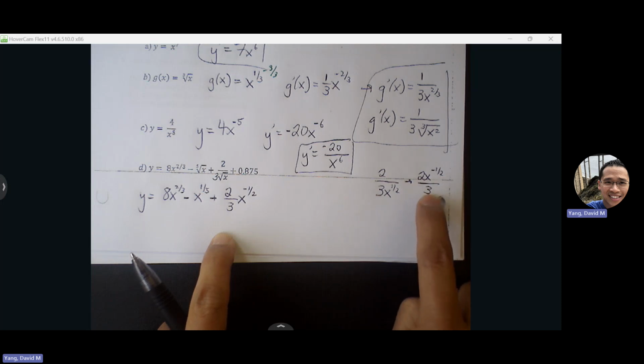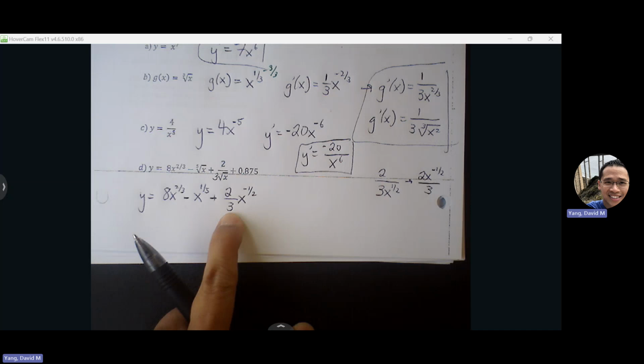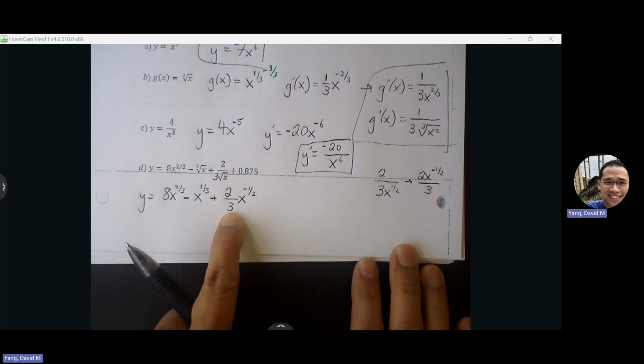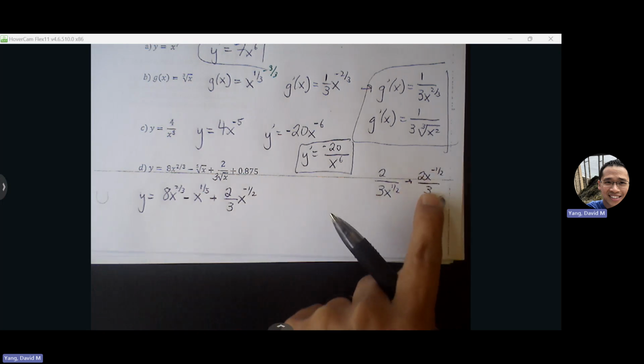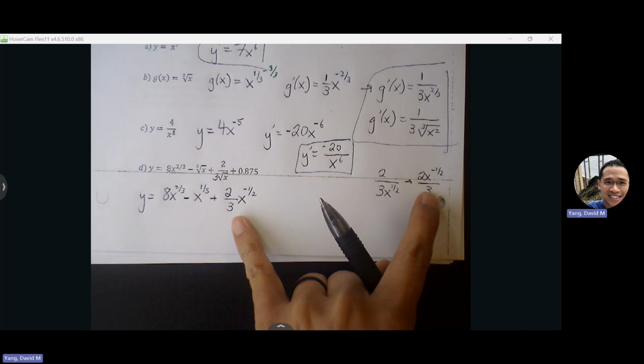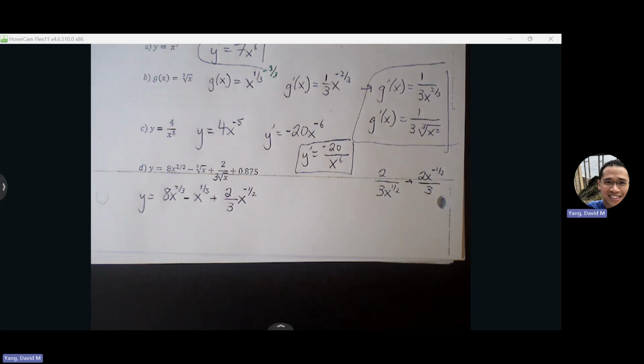So anytime you have a denominator numeric value, you can always just push it out in front as a coefficient, and it just feels a little bit cleaner. So I'm going to say 2/3 x to the negative 1/2 instead of 2x to the negative 1/2 over 3. These are the same things, but visually this feels less stressful.